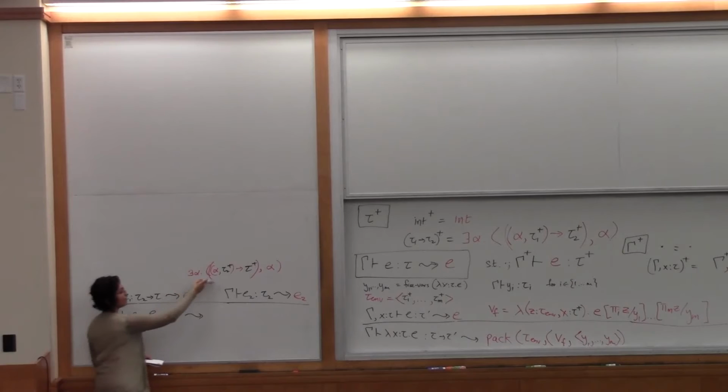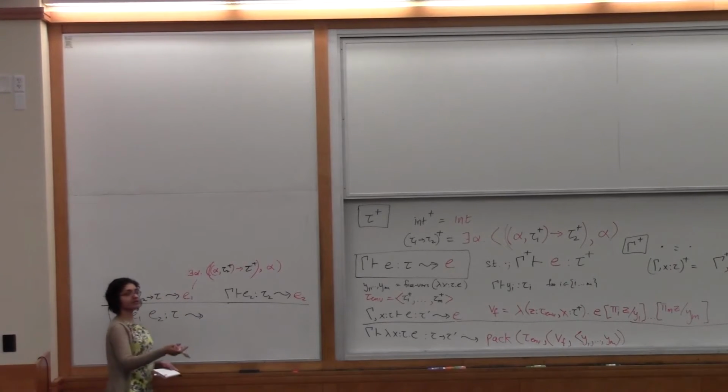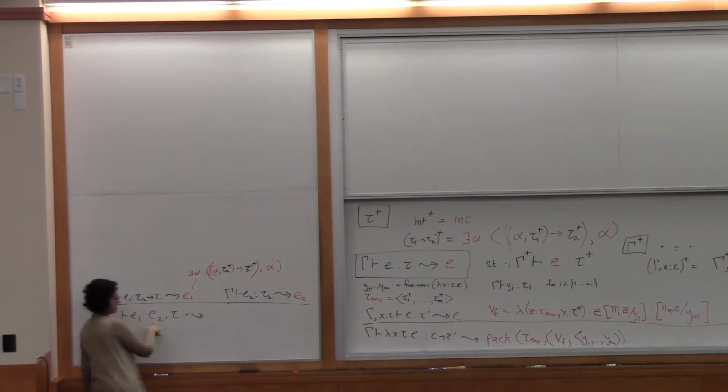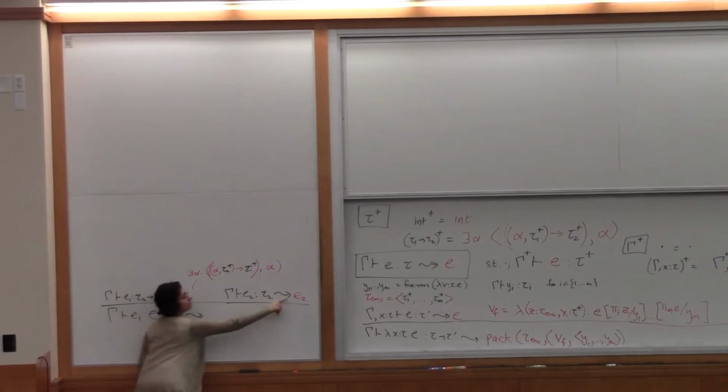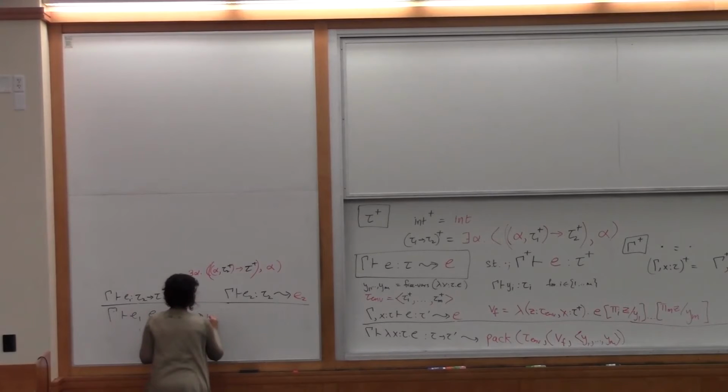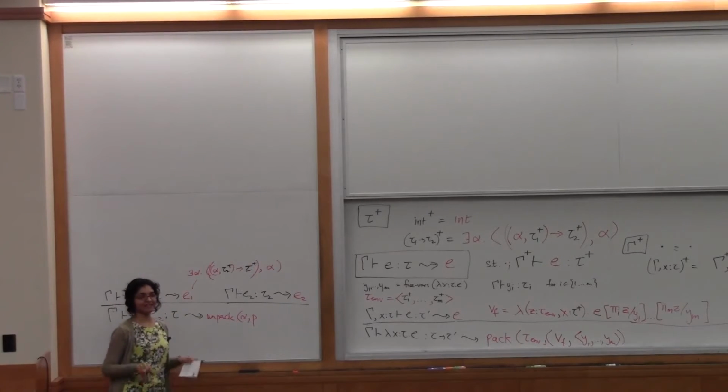Okay? All right. So we have to somehow operate with this guy, and we have to do an application. We have to take the function that's stored inside this package and apply it to its environment, which is also stored inside the package, and to this argument, to the translation of E2. Right? So let's unpack. I'll call it P for pair, because we know that what's inside is a pair, right?